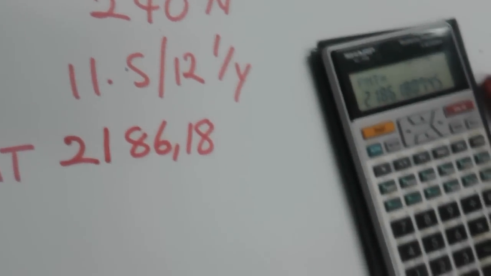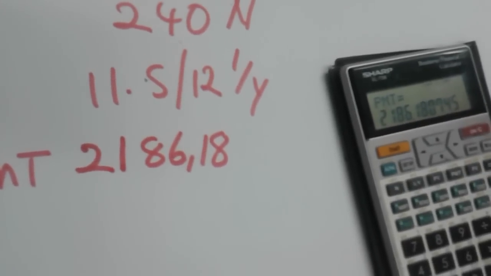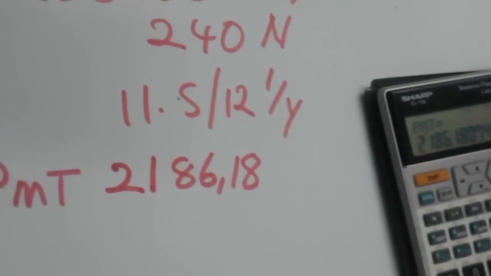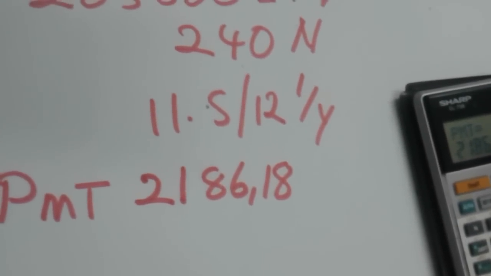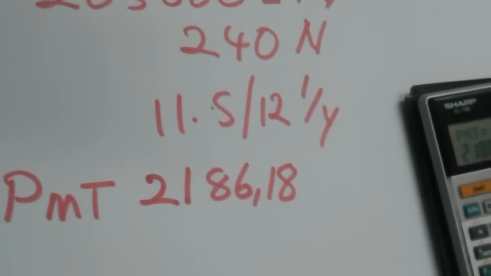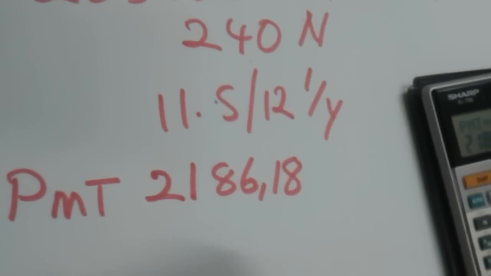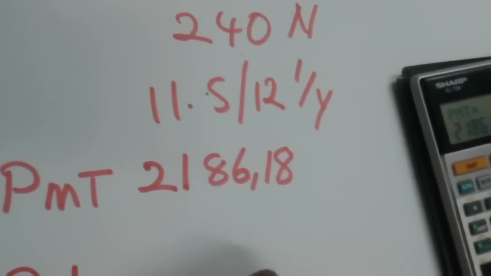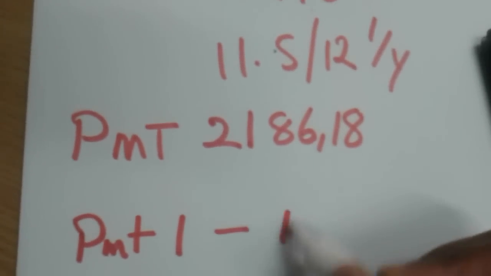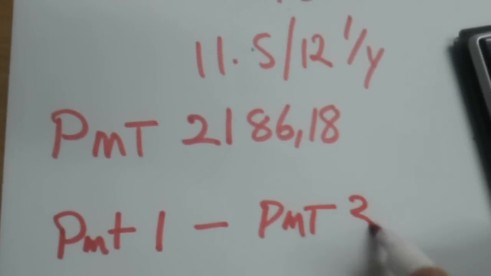But remember, we don't want this one. What we want is the interest between payment number 1 to payment number 32.